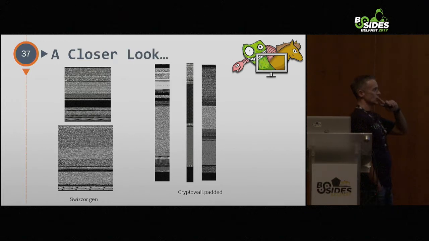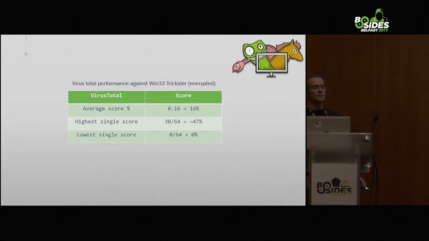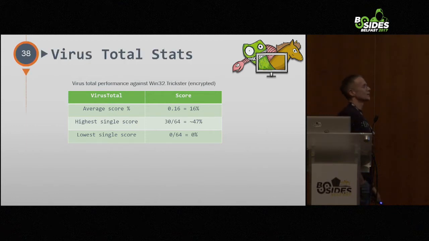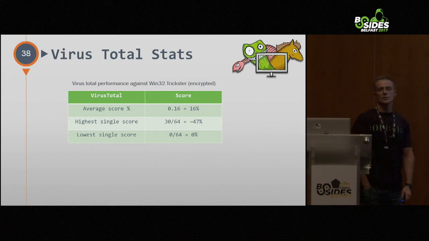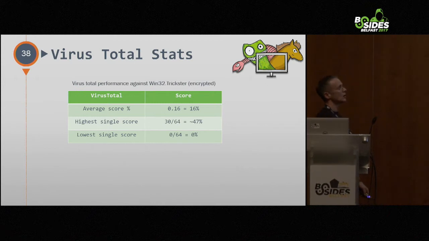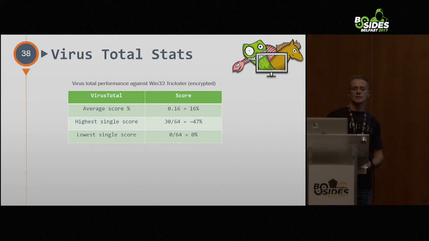So what I did was I wrote a script. This is partly due to why I was exhausted last night and giddy. I wrote a script for VirusTotal. I uploaded all of the samples of Trickster, the encrypted ones, and then gleaned back all of the stat reports. So the stats there are basically all of the stats that the VirusTotal antiviruses found as Trickster.